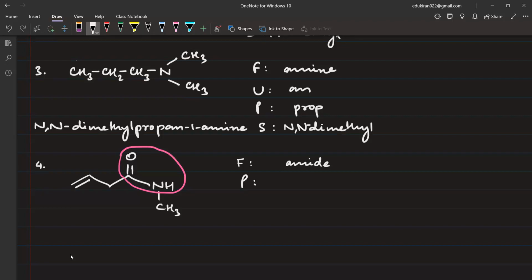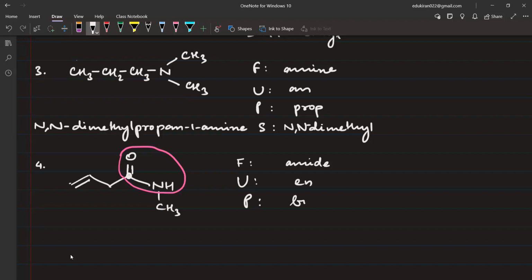The parent carbon chain will be the one having this carbonyl carbon. No matter what is attached to the NH, it is not going to be the parent. The parent starts from where the functional group starts. Sorry, unsaturation. My bad, guys. Unsaturation will be 'en' because we have a double bond, and the parent starts from this carbon atom. So the parent will be 1, 2, 3, and 4 carbon atoms.